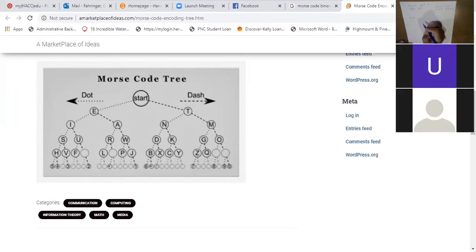Then a space, and then O is dash, dash, dash, and R is dot, dash, dot. S is dot, dot, dot, and E is just a dot. Okay, so we got that.